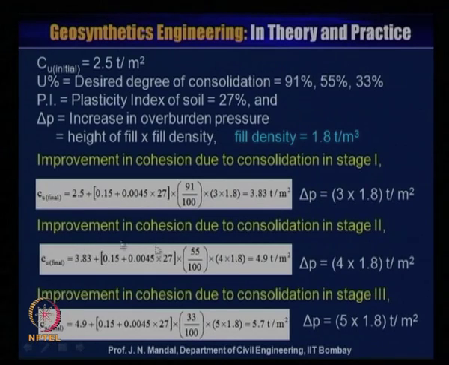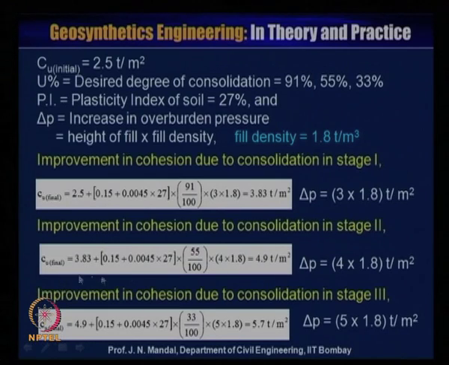Now the improvement in cohesion due to consolidation in stage 2. Cu final will be, with initial 3.83, plus 0.15 plus 0.0045 into 27 into the degree of consolidation 55 by 100, into delta P, which is 4 into 1.8.